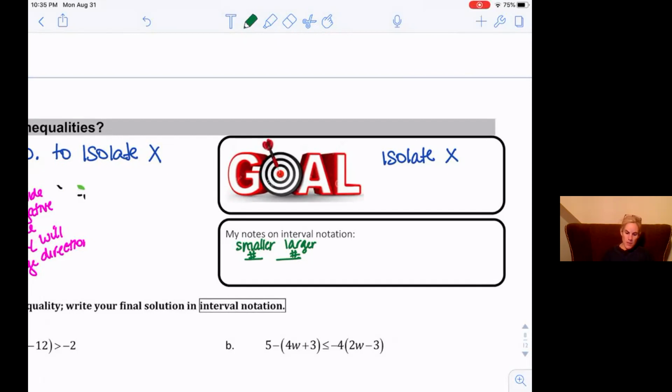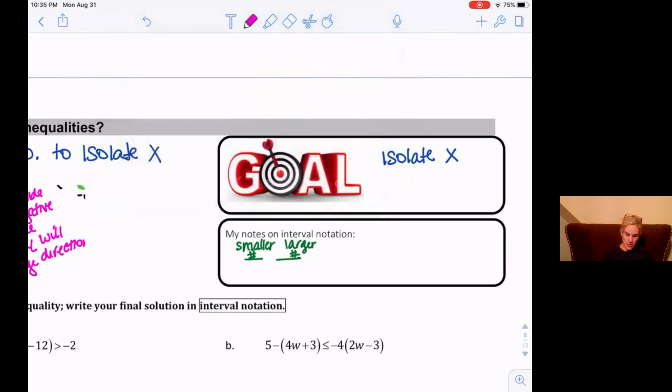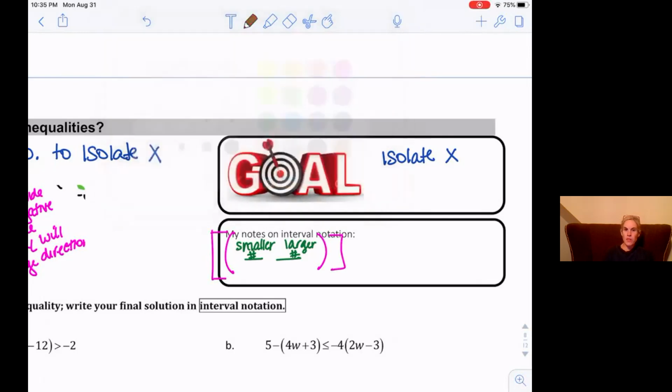And then these two numbers are going to be inside either parentheses or brackets, or a combination of a parenthesis and a bracket. What you want to keep in mind is when you can use which. You will use parentheses to indicate that it's not included.